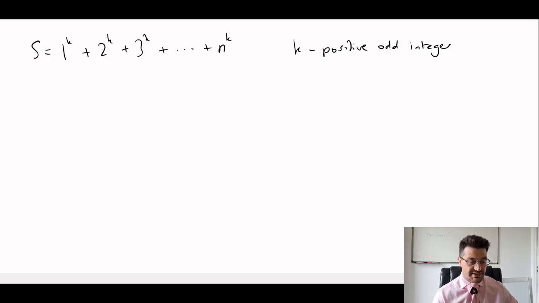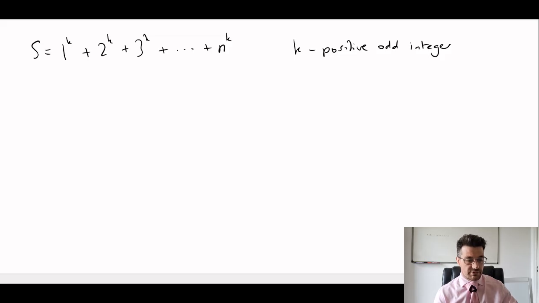Show that if n is odd, then s is divisible by n, and if n is even, then s is divisible by a half n. And then there's a show further part which we'll come to later. Let's not get too ahead of ourselves.